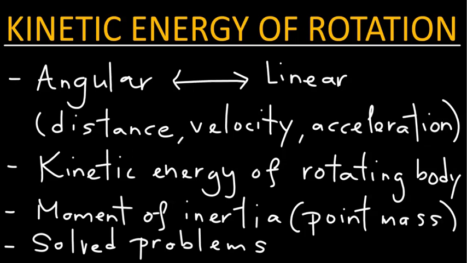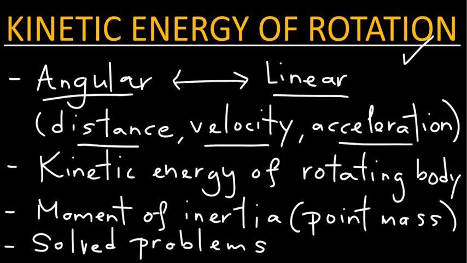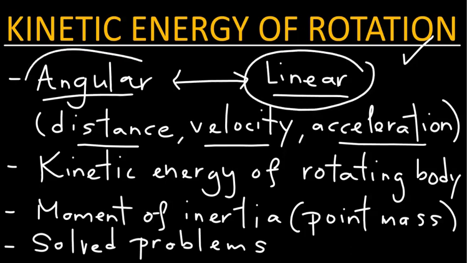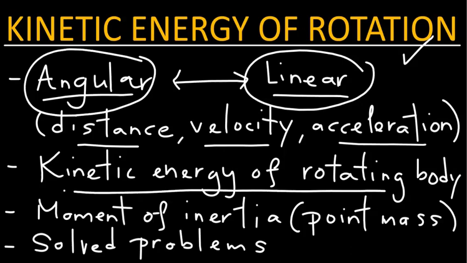In this video, we will talk about kinetic energy of rotation. We shall begin by relating angular and linear variables such as distance, velocity, and acceleration. Next, using the connection between linear velocity and angular velocity, we will introduce kinetic energy of a rotating body, or kinetic energy of rotation.